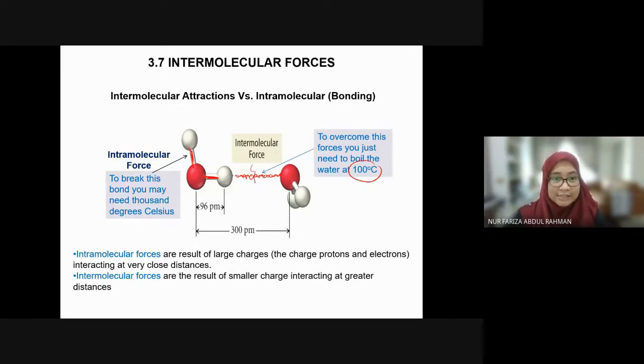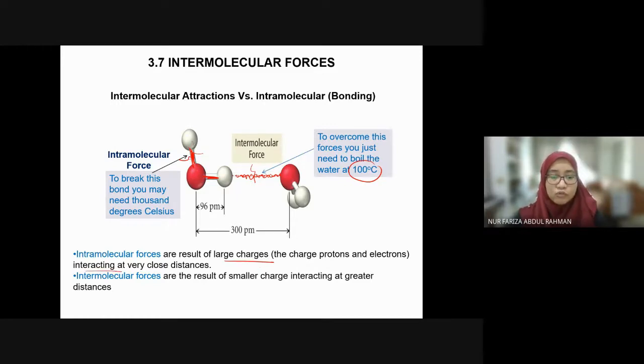But if you want to break this bond, the intramolecular one, you may need to increase the temperature even higher, 100 or 1000 or even higher, in order to break the intramolecular bond. Intramolecular forces are a result of large charges, the charge of proton and electron interacting at very close distance.